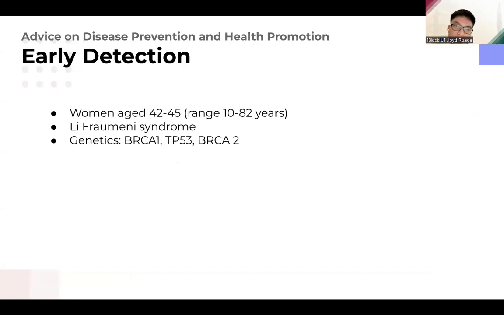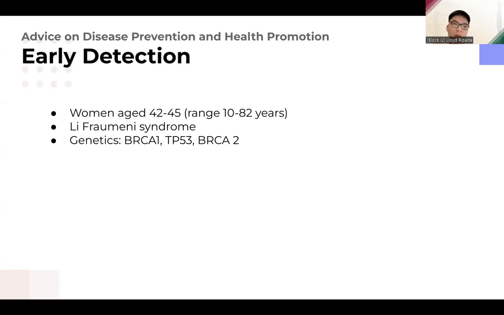And next, for early detection, for the general public, for phyllodes tumor, as was discussed earlier, middle-aged women and those with diseases such as Li-Fraumeni syndrome or genetic predisposition, such as those genes mentioned earlier, would be predisposed.